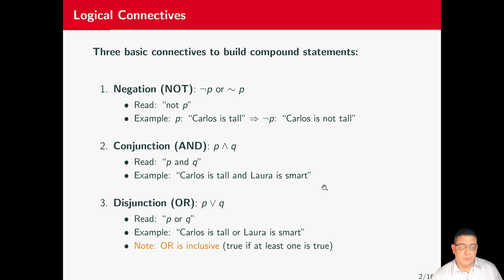The disjunction functions in the same way with the or, and I will go with something like Carlos is tall or Laura is smart. The or is inclusive, and it's going to be true if at least one of those is true. If Carlos is tall or Laura is smart, any of those two is going to make the or statement true.